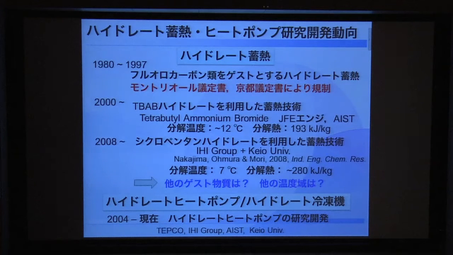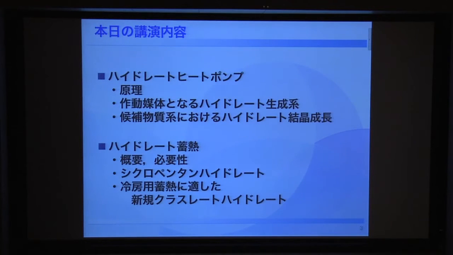Professor Mori and I are still continuing our university-level research. Today, I would like to talk about the heat pump, which is a more complex technology, how it works in principle, and how realistic it is. I will also suggest which hydrates to use for the system, and talk about the research and initiatives going on at the university level to be ready for commercial products.